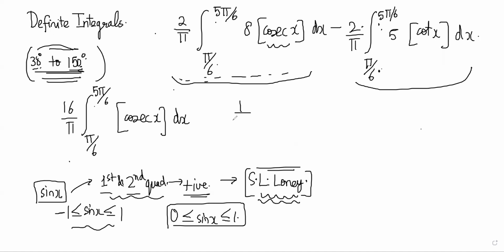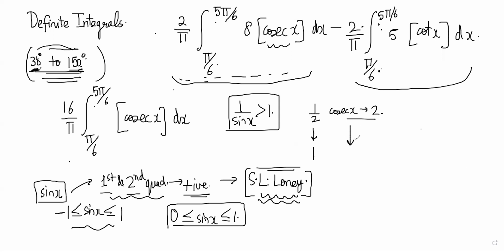So think about it: 1 by sin x will be greater than 1, right? At 30 degrees, sin x is half, so cosec x is obviously 2. As you increase from 30 degrees to 90 degrees, sin x goes from half to 1, so cosec x will go from 2 to 1.